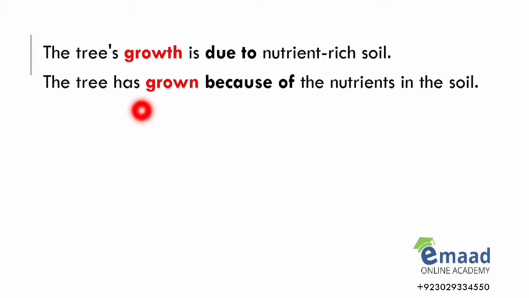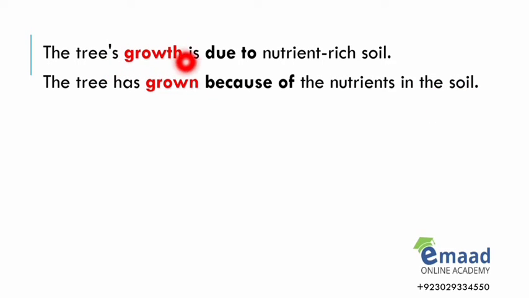So the tree has grown because of the nutrients in the soil. The tree has grown. Grown here is the third form of the verb grow. So because of explains the verb that is grown. The tree has grown because of the nutrients in the soil.